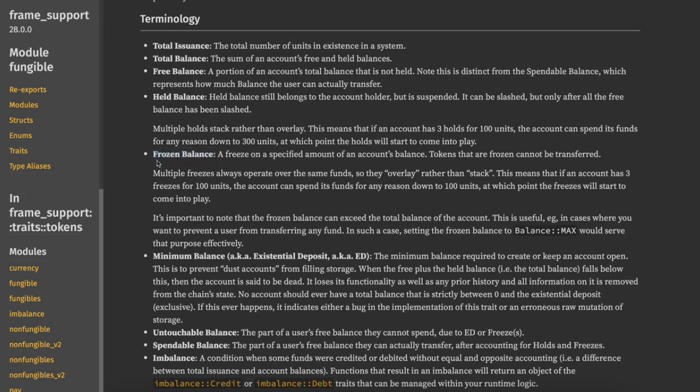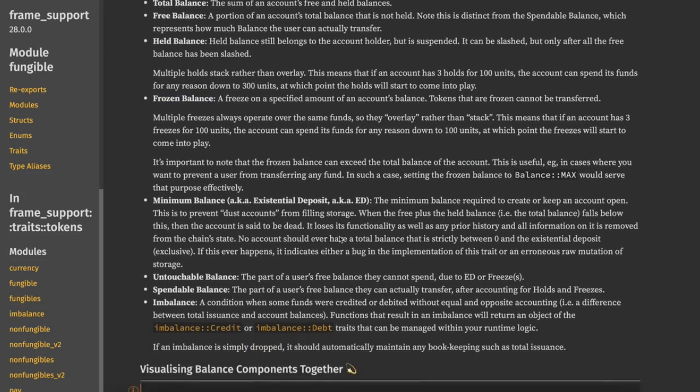Some balance is frozen when it is used for voting or staking or bonding, and one could use held balance for voting, but nothing prevents this frozen balance from being reduced if the overlapping hold is slashed.